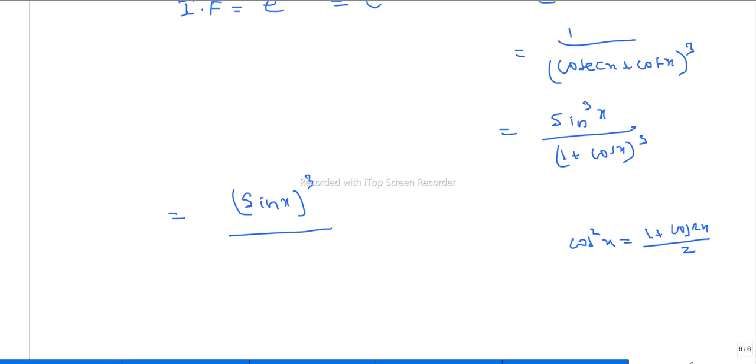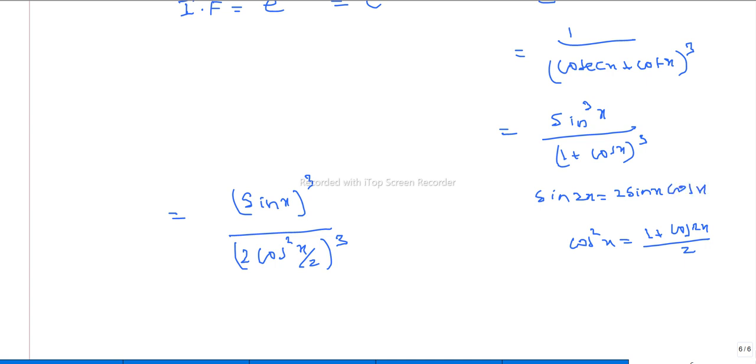But here instead of 2x we have x, therefore replace x by x by 2, and cross multiplying we get 2 cos square x by 2. And then we know the formula for sin 2x is 2 sin x cos x.